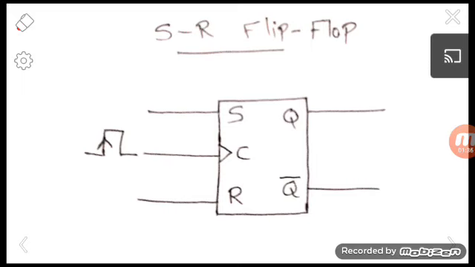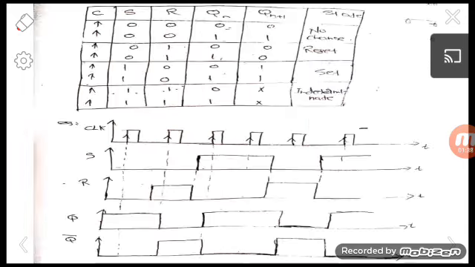Next we move to the detailed truth table of an SR flip-flop. The first column represents the clock, showing it is a positive edge triggered flip-flop. An up arrow means positive edge triggered, and a down arrow means negative edge triggered. Here we consider a positive edge triggered one.